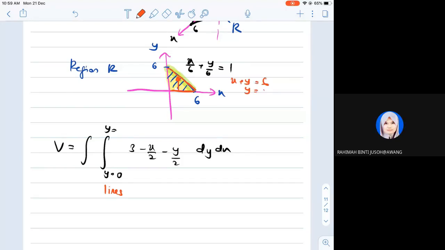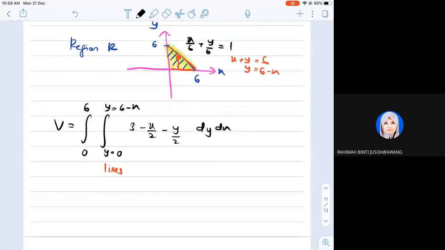So y equals 6 minus x. The limit of y is 6 minus x. And then the limit of x should be from 0 until 6, yes. Okay, so I think you can proceed with this on your own. It's just polynomial, so you can proceed.